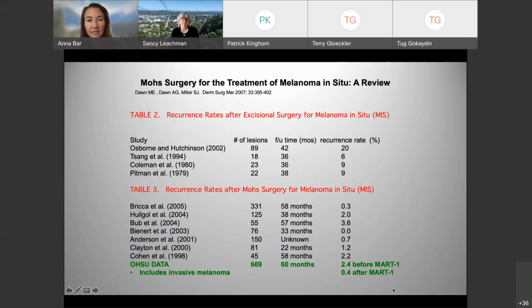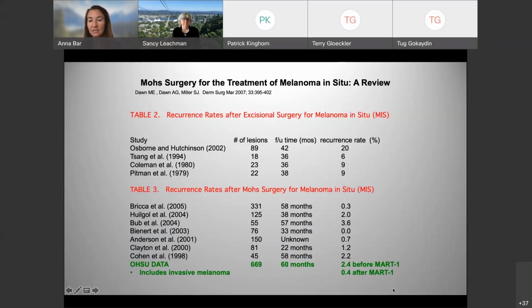So you could see this is kind of a summary of the studies of the recurrence rates for Mohs surgery of melanoma in situ, which is the surface type of melanoma that hasn't invaded. And you could see at the bottom our OHSU data. We have one of the largest series ever published for treatment of melanoma, where this is our data for 10 years, 2007 to 2017.